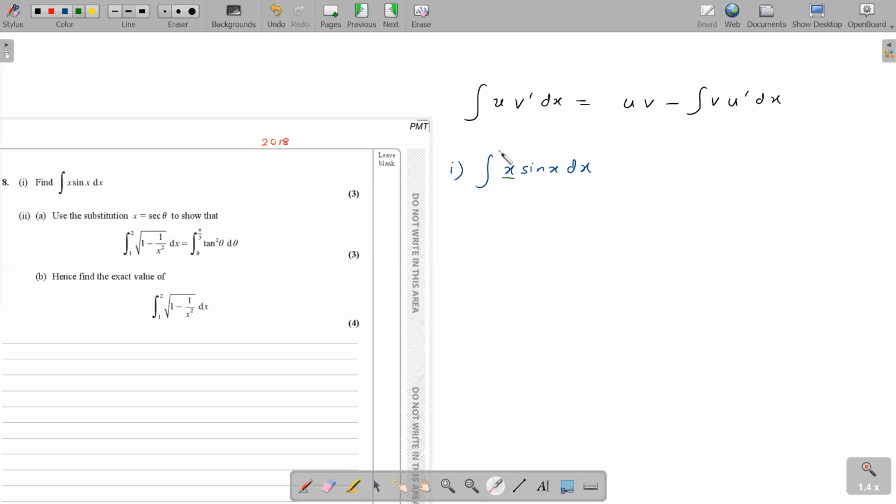When I differentiate x continuously, x becomes 1, and 1 becomes 0. Sin x differentiation is cos x, cos x is minus sin x, and then minus sin x again, so you can see it's a cycle. So the one that first becomes 0 can be your u.